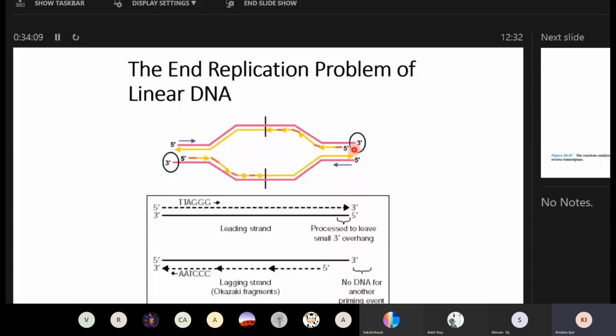So since I have nothing here, I'm unable to fill this gap with new DNA because I have no 3' OH to use. While here I always had, even when I removed that RNA, this strand's 3' OH was there, to which I added new nucleotides. So that acted as a primer. Is that clear? Am I making sense?